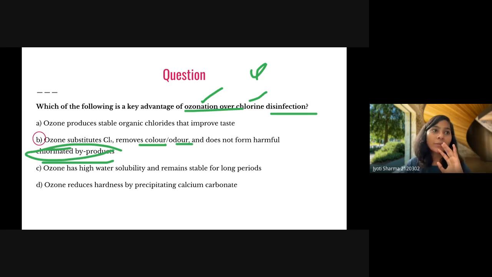But the advantage was that for a longer time, because we already have chlorinated byproduct, your water will be safer to use, because over time these chlorine particles will disinfect your water. But to replace this, we are using ozone, because it creates neither this color nor this odor.